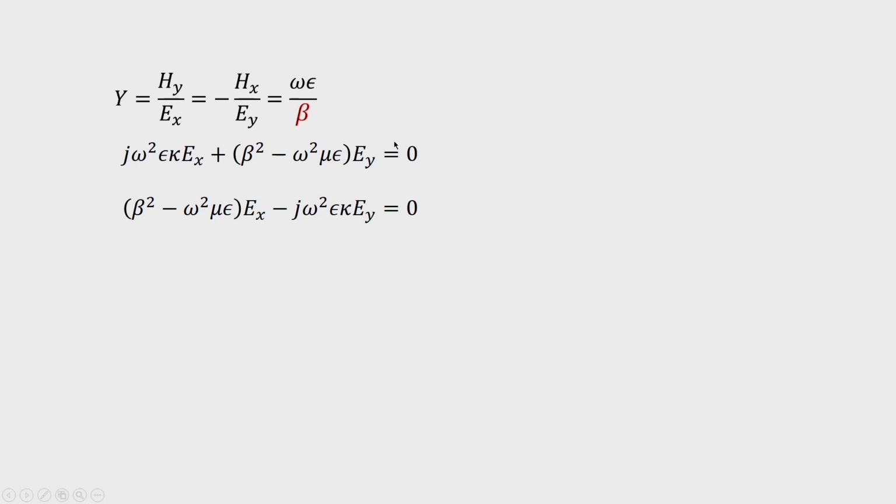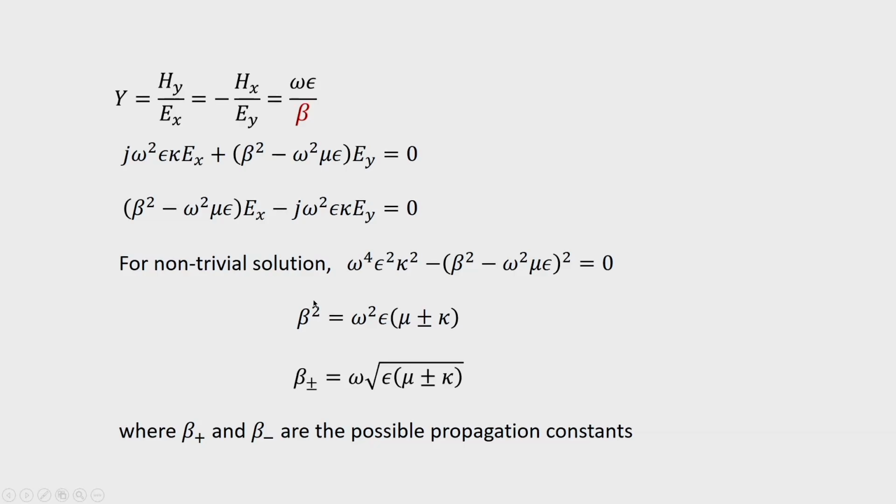Now, for this set of two equations to give a non-trivial solution, the determinant formed by the coefficients of E_x and E_y has to be 0, and therefore we get omega to the power 4 epsilon squared kappa squared minus (beta squared minus omega squared mu epsilon) whole squared must be equal to 0.